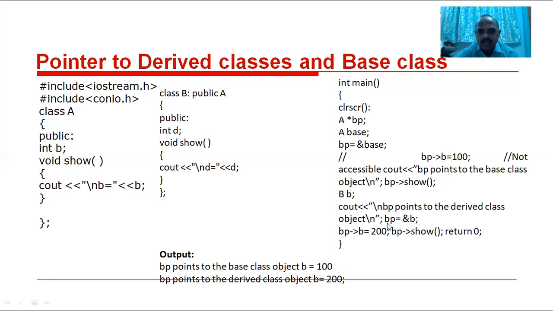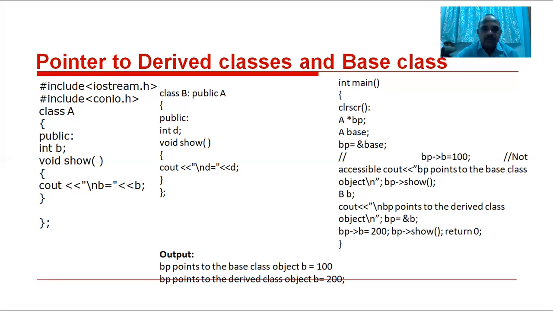One pointer can point to different classes. Here asterisk BP is a pointer variable. It can point to different classes, the base class and the derived class. Clear, all of you? The next one.